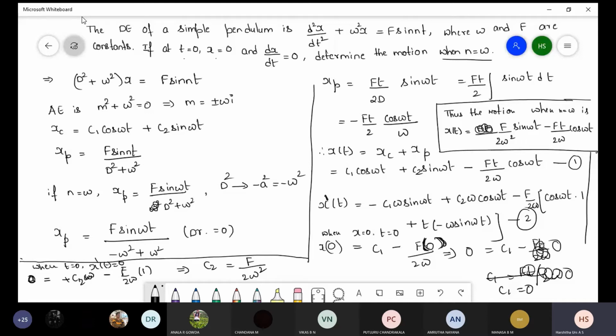Final answer is f divided by 2w square sin wt minus ft divided by 2w into cos wt. This is the solution for the fourth one.